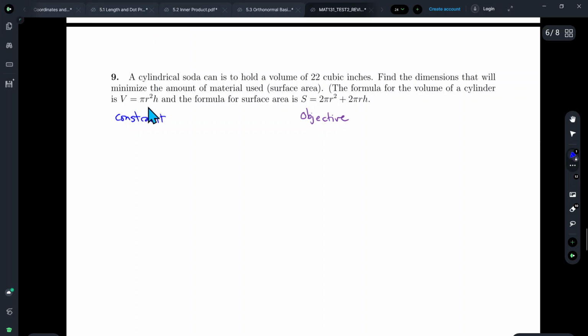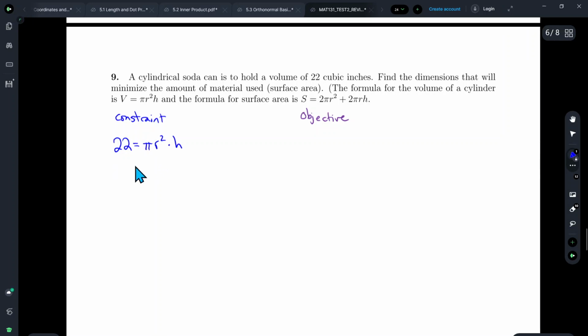And the reason it's called the constraint is because typically some quantity presented in the problem tells us that quantity is fixed, right? So in this case, it says that the volume should be fixed to 22 cubic inches. So V is equal to 22. So just setting up the equation, you get 22 is equal to pi r squared times h.